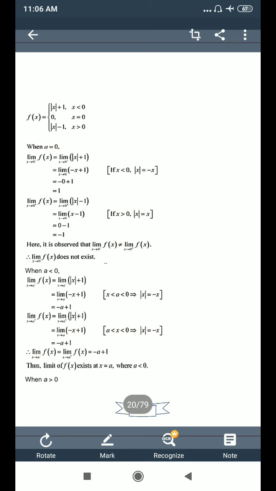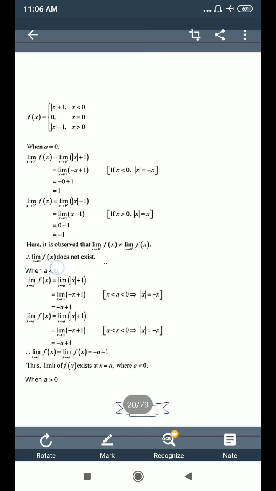Okay, at 0 we have checked, it doesn't exist. Now we'll check for all the values less than 0 separately and for all the values greater than 0 separately. So first we will calculate for all the values less than 0. For all the values less than 0, on the left side as well as the right side, we will take this as a function and we will replace modulus of x by minus x, because for all values x less than 0, modulus of x will be minus x.